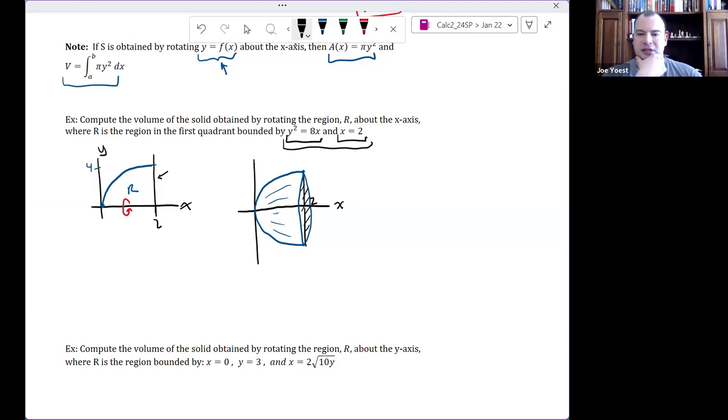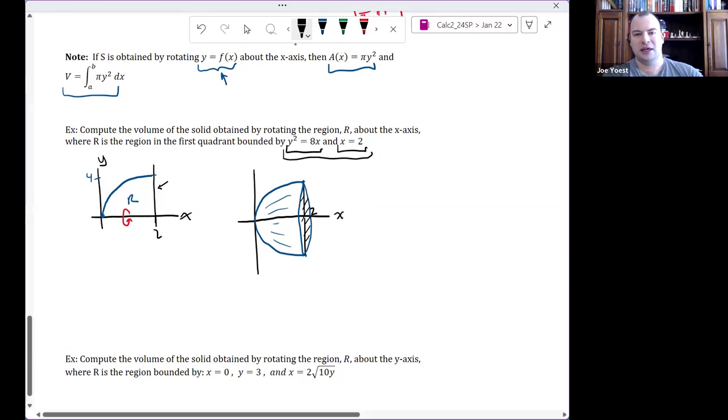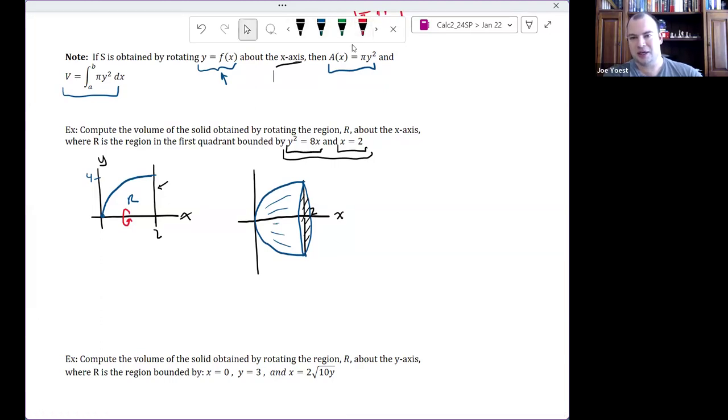Okay, so in this case, what have I done? I rotated a function about the x-axis. I could go from first principles and say, I have a plane px perpendicular to the x-axis.